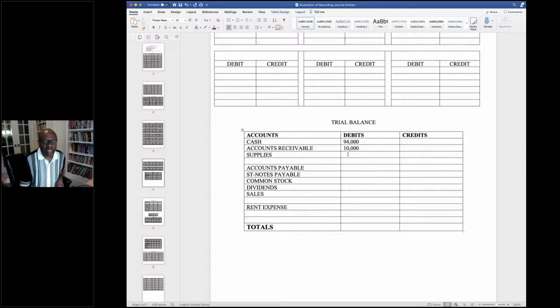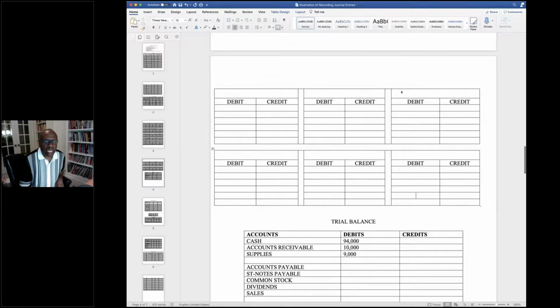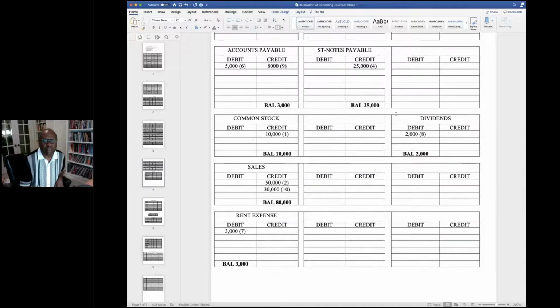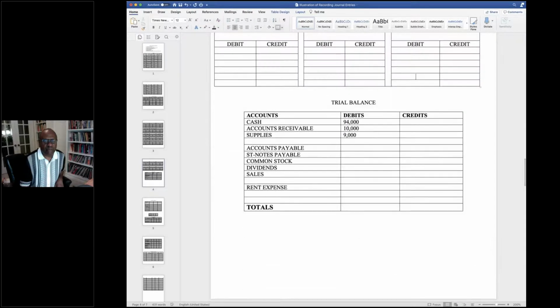So we put them in here on the same side as they are in the T account. We go to our liabilities. Since their balance is on the credit side, we're going to put them on the credit side. So we have 3,000 for accounts payable, and then we have notes payable, 25,000.